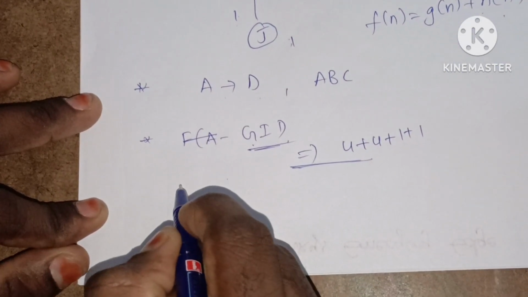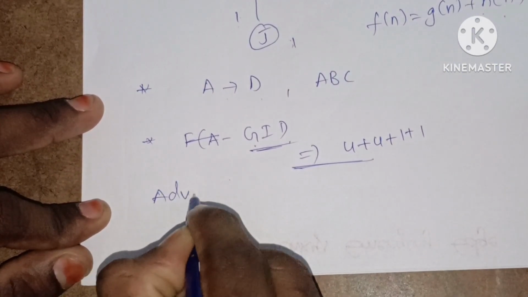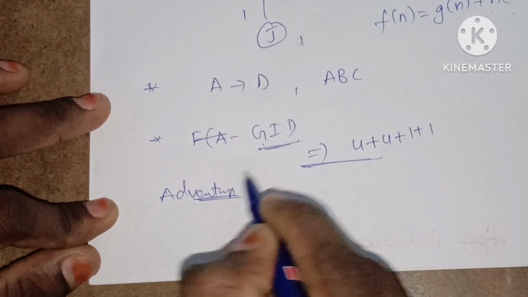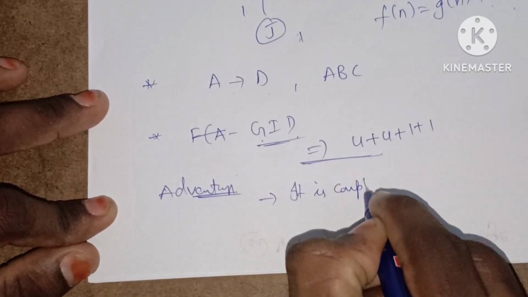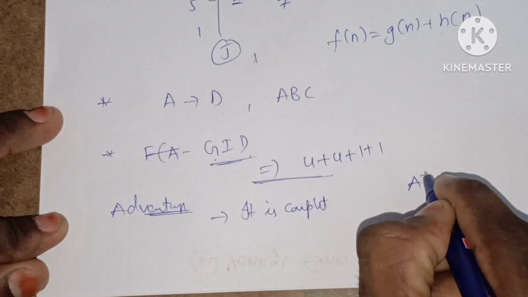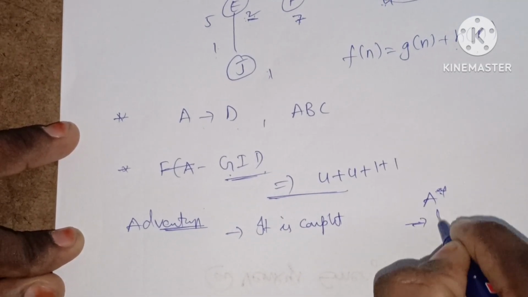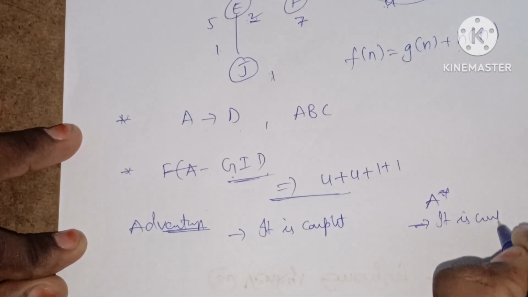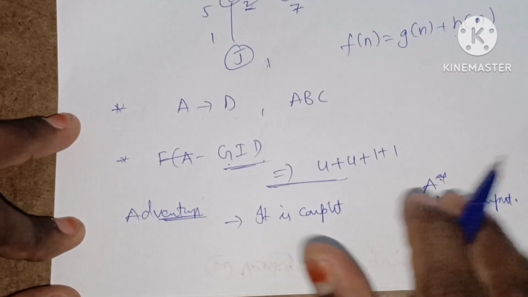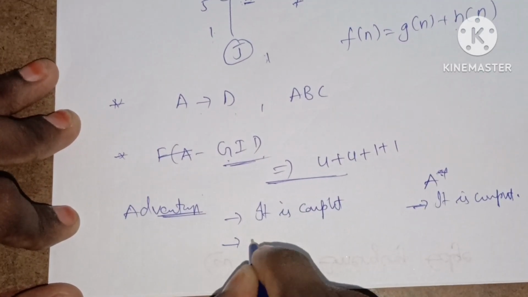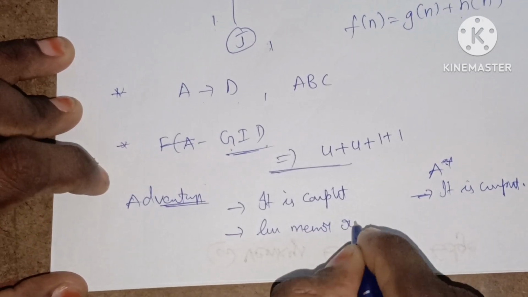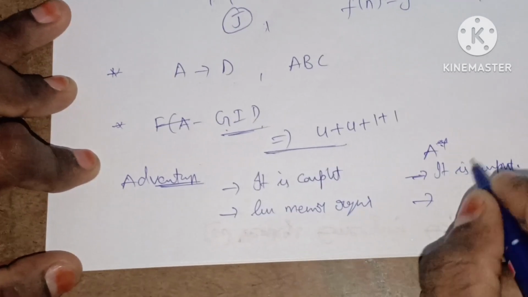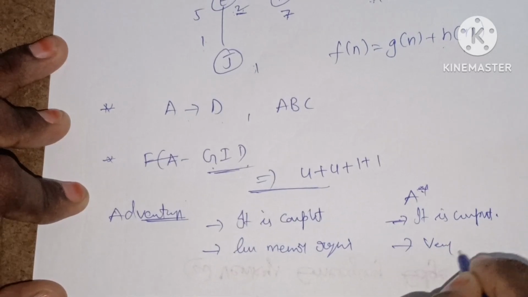Then the AO star algorithm's main advantages: it is complete. In AO star or A star also, it is complete. Next, it requires less memory. It is also very fast.